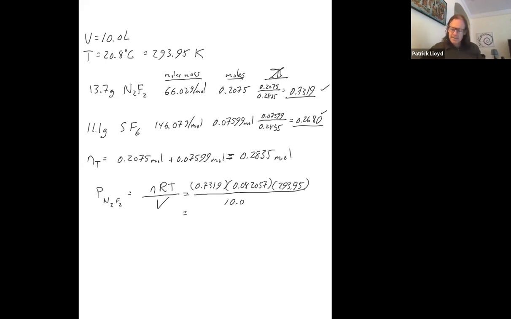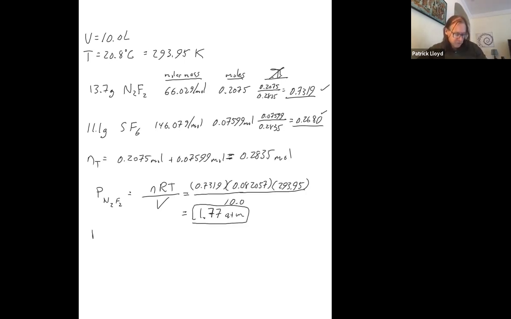Okay, so 0.7319 times 0.082057 times 293.95 divided by 10.0, and you get 1.765. So I'll make that 1.77 atmospheres. Again, you can go through the dimensional analysis to show that that's atmospheres.